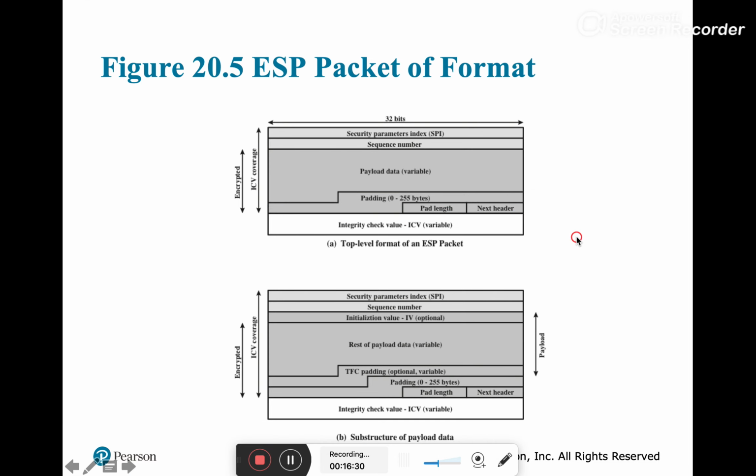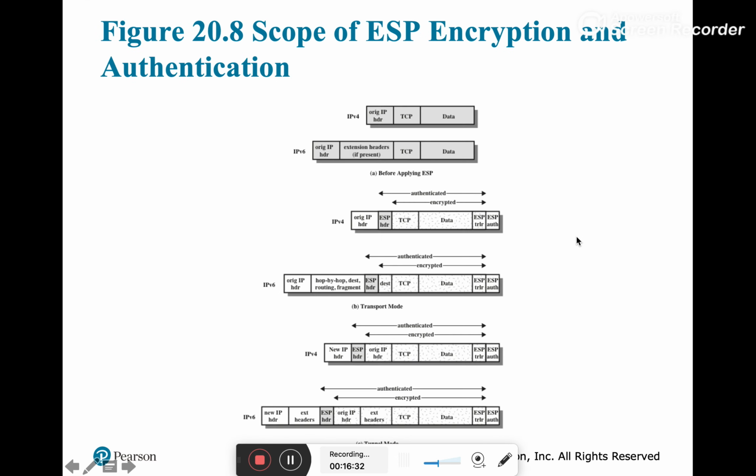Two things. So if we show it over here, this is the ESP trailer and ESP authentication. For encryption, TCP up to the ESP trailer, and for authentication, ESP header up to the trailer. ESP authentication is not part of authentication, and same is for the IP version 6 header.